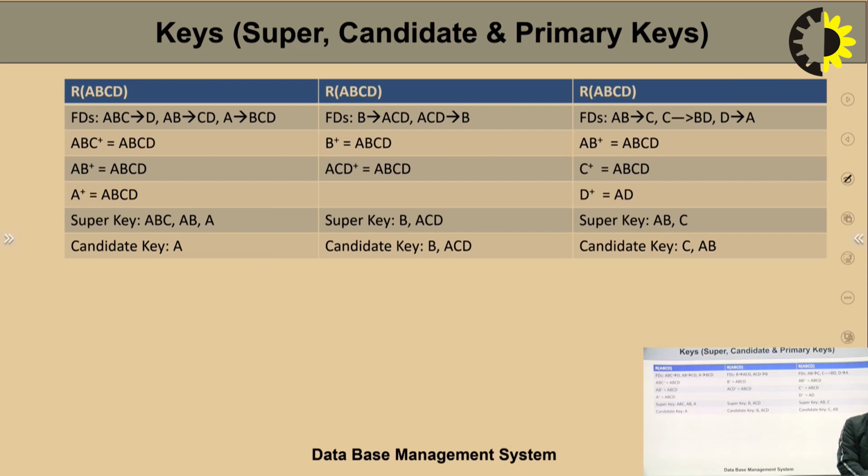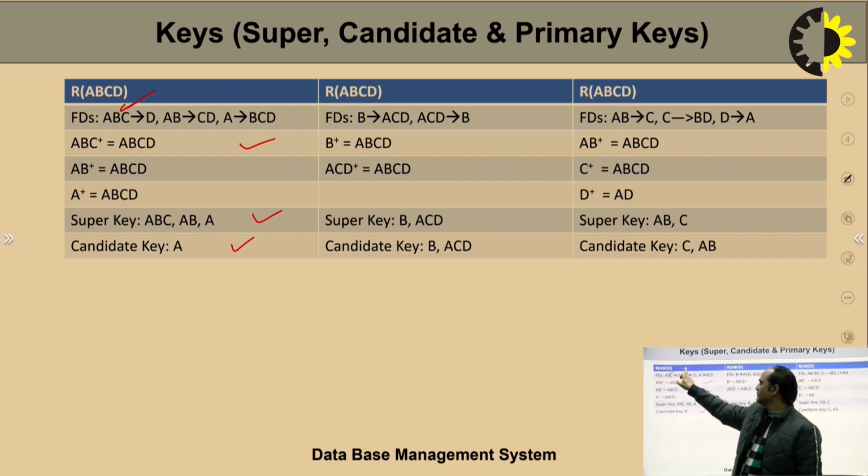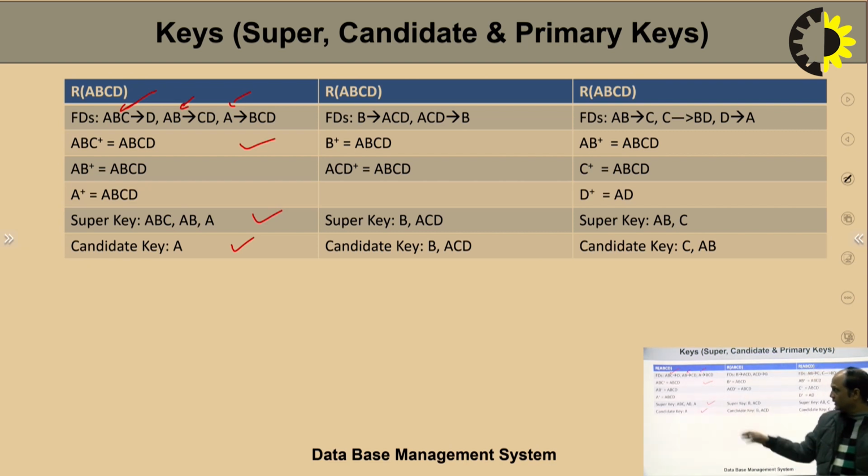After finding the closure, we can define the super key and candidate key. In the first relation, we find the closure of ABC plus, taking the left hand side attributes, and after finding the closures, we can easily identify the super key and candidate key.